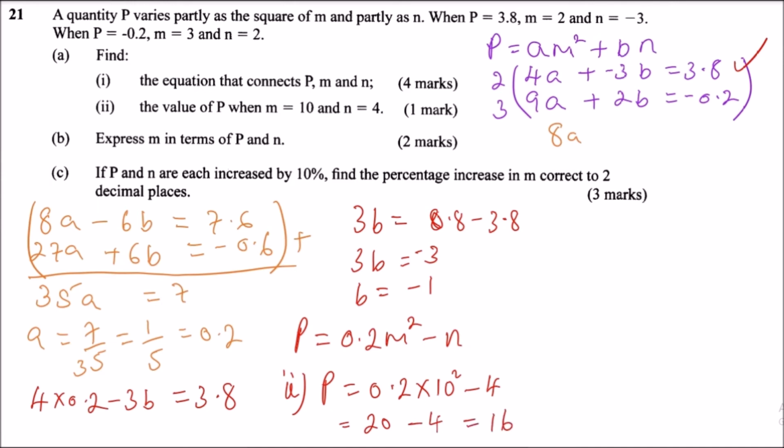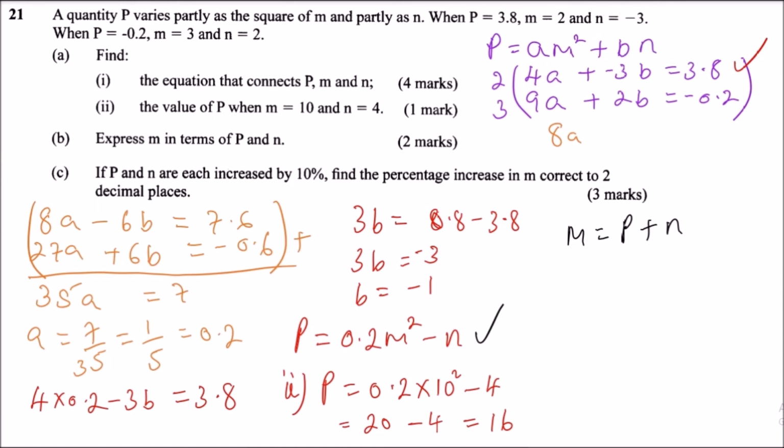We look at part B. Express m in terms of p and n. That is, you make m the subject. So from here we say m squared is equal to, we take n to the other side, it becomes p plus n, positive once it crosses the equal sign.